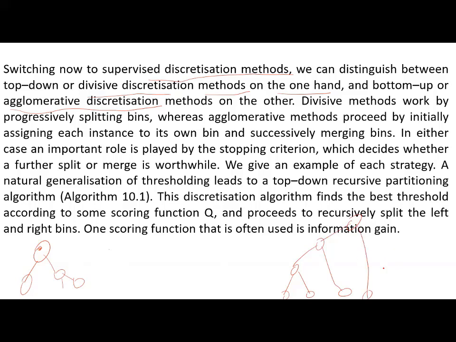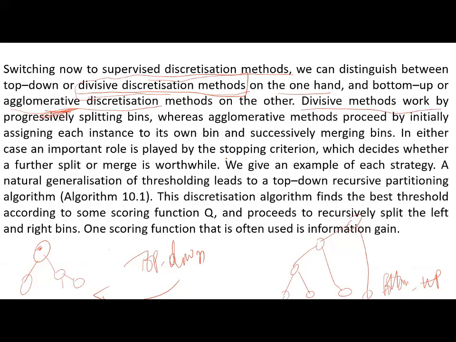This is called bottom-up, and this is called top-down. The top-down method is generally called the divisive discretization method. On the other hand, bottom-up methods are called agglomerative discretization.